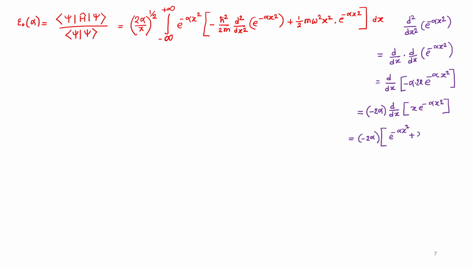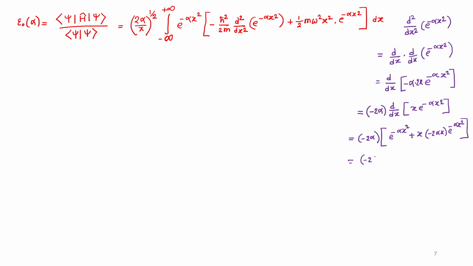Now let's take x as constant, and we are going to have the same thing, minus 2 alpha x e to the power minus alpha x square. So we are going to have much more in common.